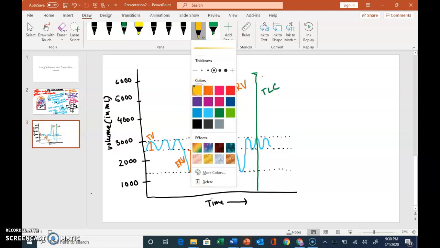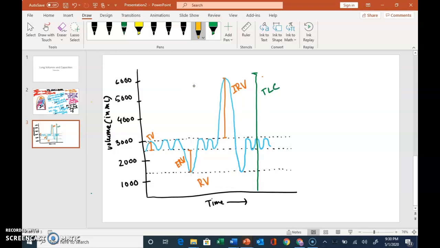Now, what if you are looking at only tidal volume and IRV? So if you're looking here, this is your inspiratory capacity or IC.